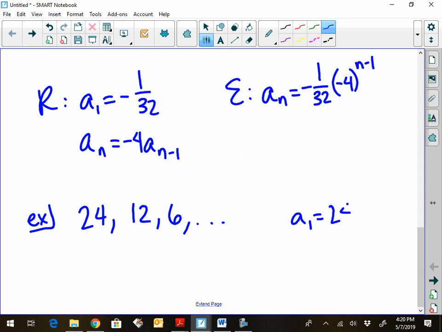It's 24. And our ratio here, well, what do we do to get from 24 to 12, or from 12 to 6? We're going to multiply by a half. Right? So our ratio is 1/2 here. So we would use that to solve and figure out our different equations. So you'll use that more so in your practice, and then I will see you later.